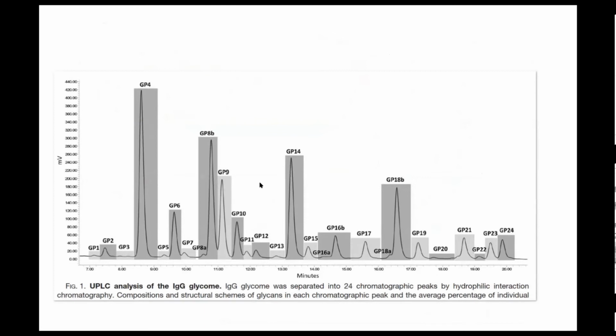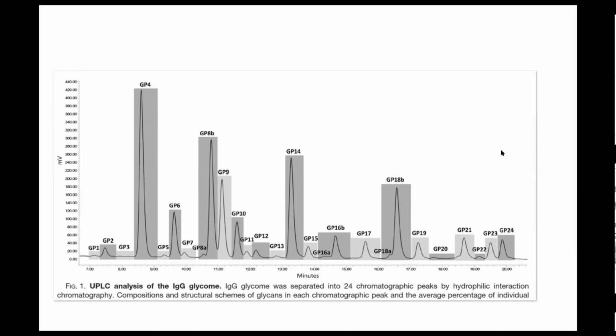So you have a liquid chromatography profile where you have glycan peaks. And so talk about standards, this is not a very standard notation, having glycan peaks numbered in an HPLC or UPLC profile.